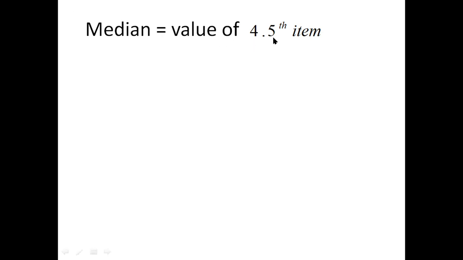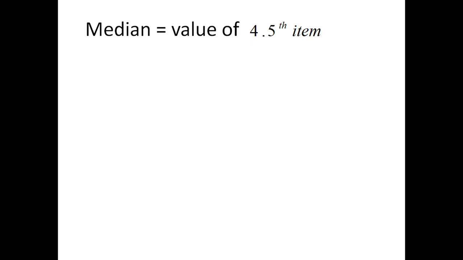So for finding the 4.5 item, we take half of the sum of the 4th and the 5th item. Please be sure there is no double meaning here. 4.5 as being 4.5, I'm not adding 4 and 5. 4.5 means after the 4th and before the 5th.